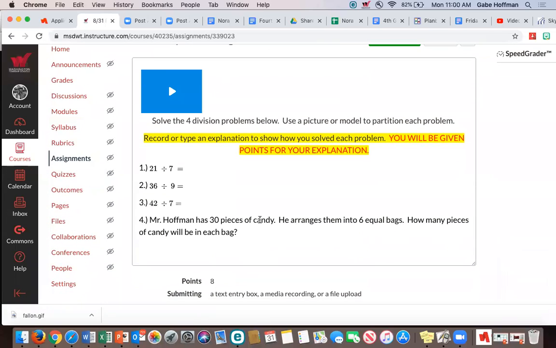You are solving these using the methods we talked about today, and you need to explain in recording or typing how you got that answer. So I'm making up a number. If I got this number right here, I would write that number and then I would explain how I got it. I'm not just going to write the number, I'm also going to explain it.